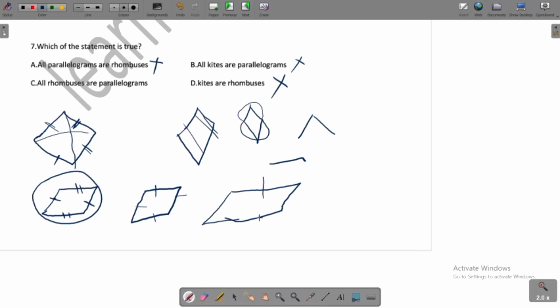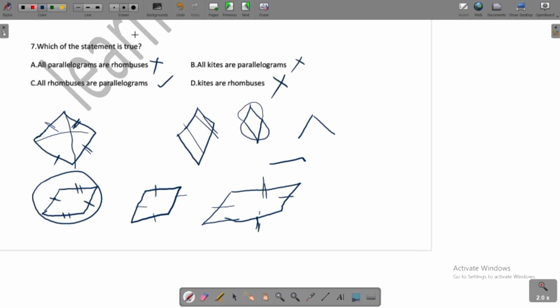So this and this are equal, this and this are equal, but this and this are not equal. But this is also a parallelogram, and it's also a rhombus. So it means that all rhombuses are parallelograms, but not all parallelograms are rhombuses. So I believe you understand the explanation.